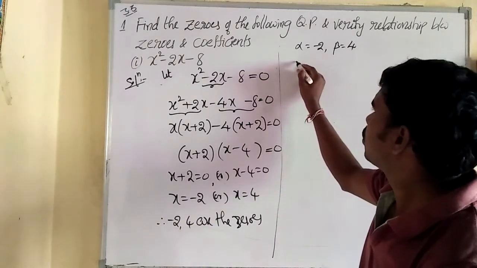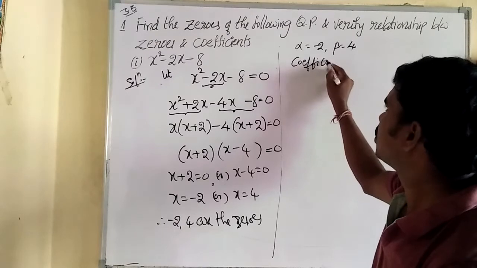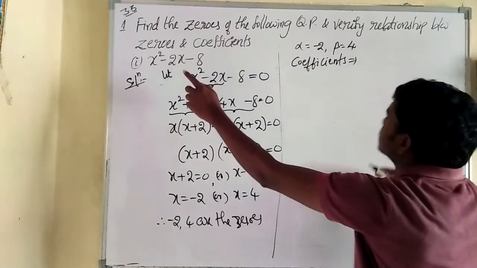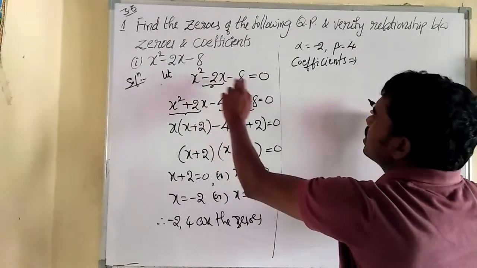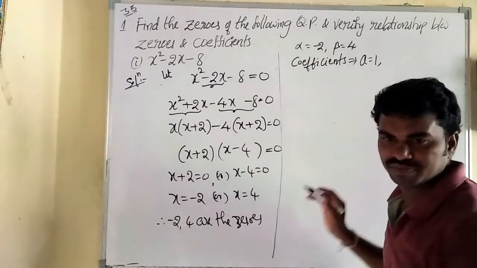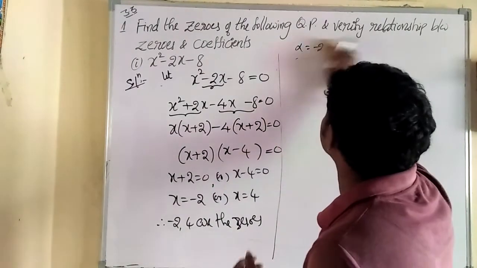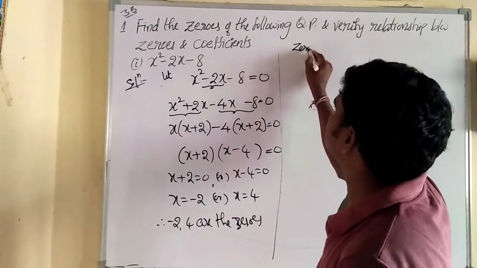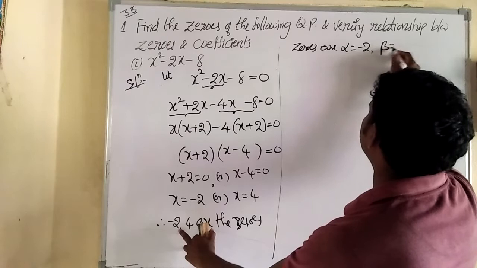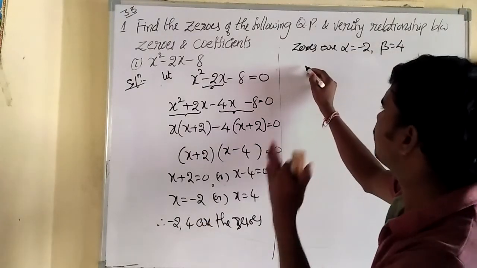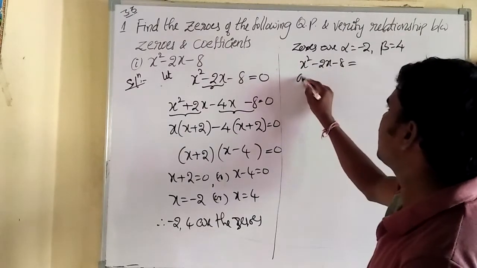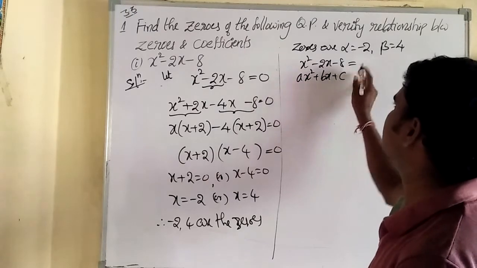Next, the coefficients. Coefficients means comparing with ax square plus bx plus c. For your convenience, the zeros are alpha equal to -2 and beta equal to 4, and we compare x square minus 2x minus 8 with ax square plus bx plus c.